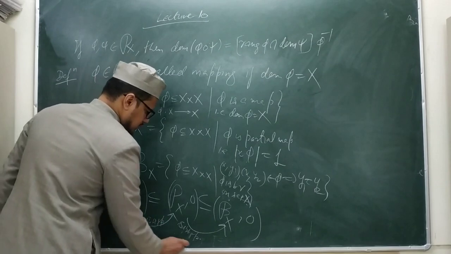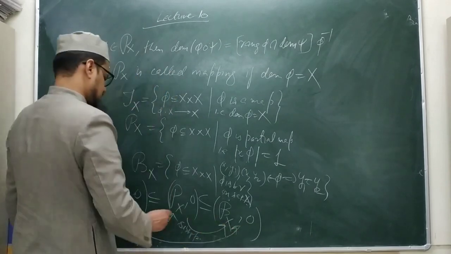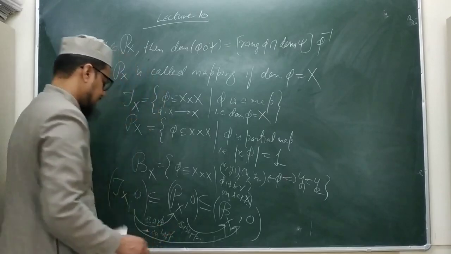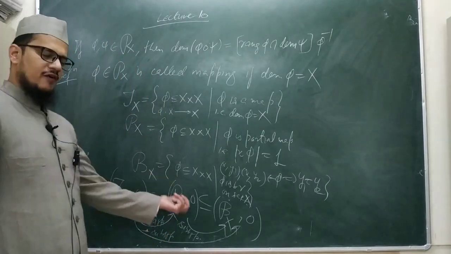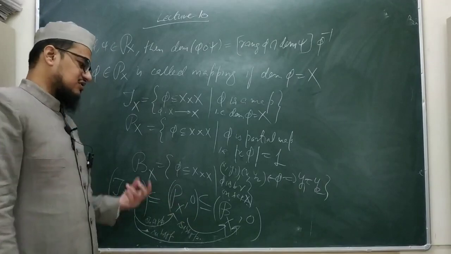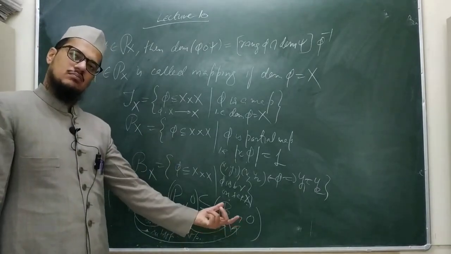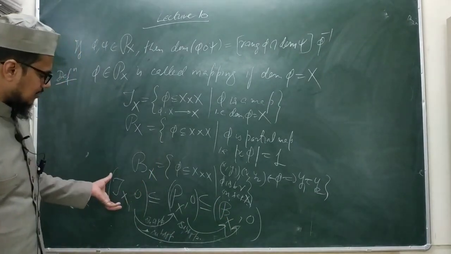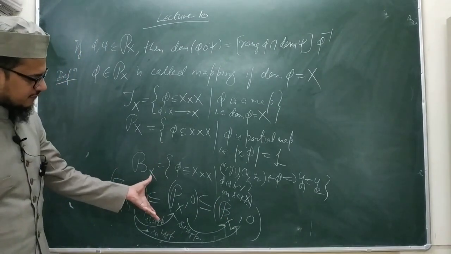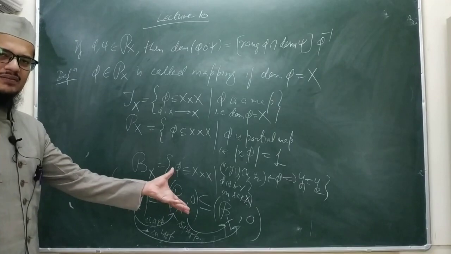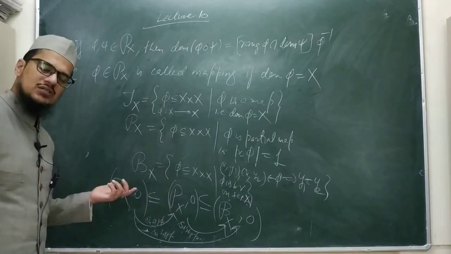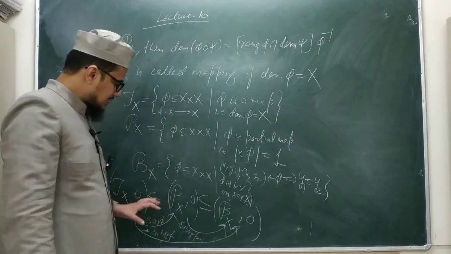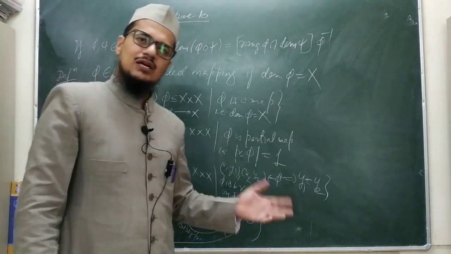Means tau x is a subsemigroup of px, tau x is a subsemigroup of bx. Correct? But we have to prove that. Tau x being a subset of either px or bx, all elements of tau x will follow the associative law. Being a subset of px as well as bx, it follows associativity.